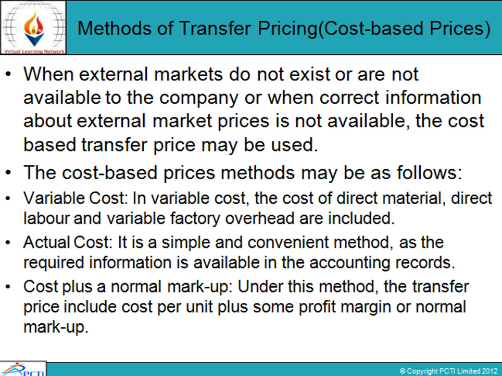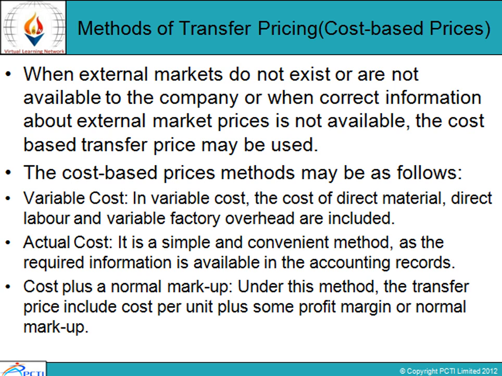Here in that case the cost based transfer price is used जहां पे external market prices available बिल्कुल ही नहीं है. तो जो cost based pricing है वो variable cost को include करता है. When we say variable cost, they include cost of direct material या फिर direct cost of labour या फिर variable factory overheads. Then comes actual cost. It is a very simple and convenient method. Here the required information is available which is present in the account records.